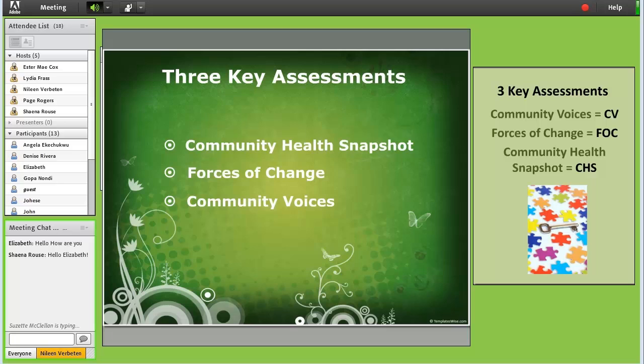But again, as illustrated previously, it is important to complete all 3 of them because while they each provide unique and important information, it's the collection of the information from all 3 that can help you generate a more complete picture.